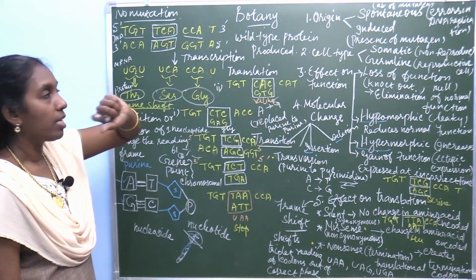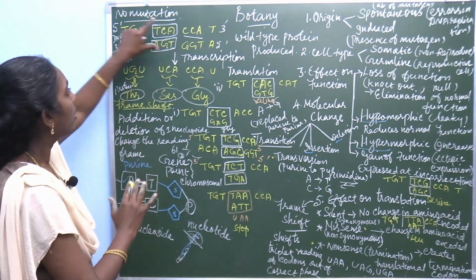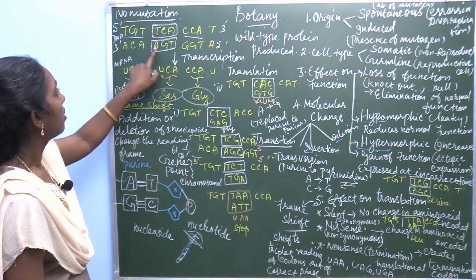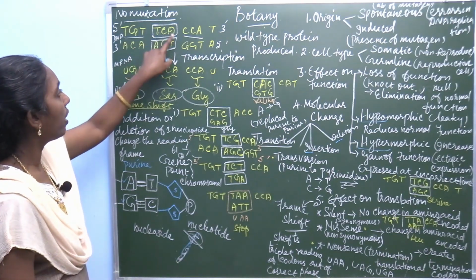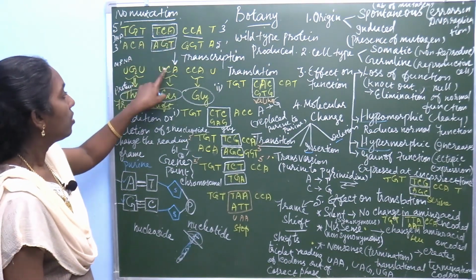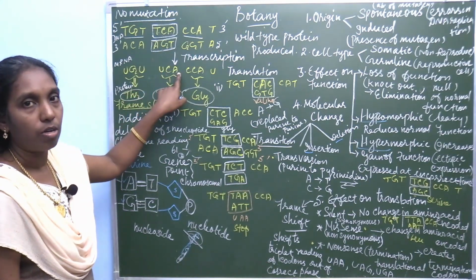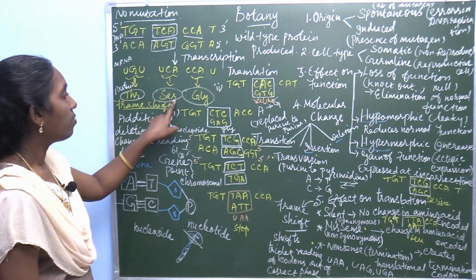In the normal sequence, see look at this, thymine, cytosine, adenine. Thymine combines with adenine, cytosine combines with guanine, adenine combines with thymine. So it forms UCA, the triplet code read after transcription, which forms serine.